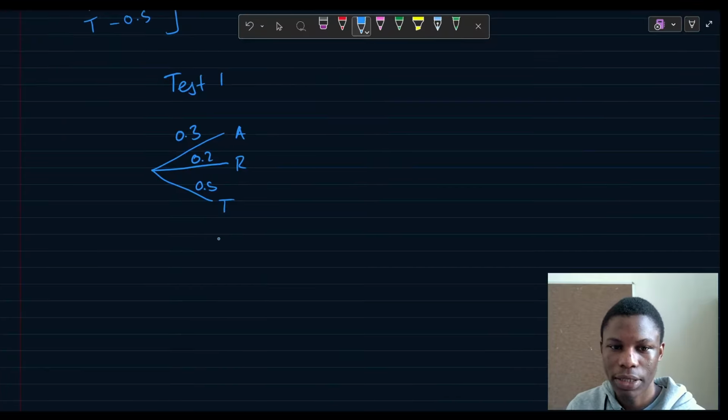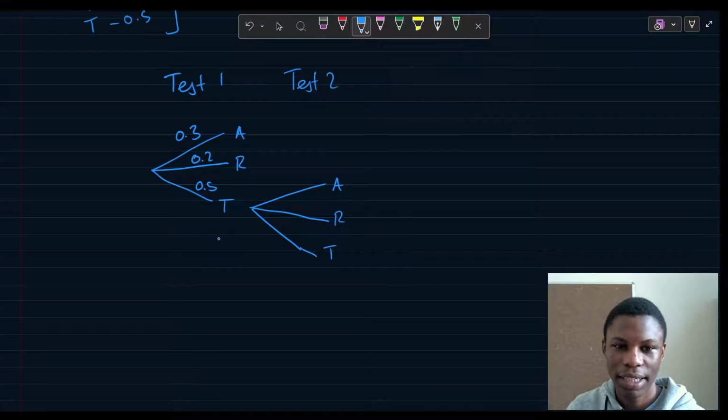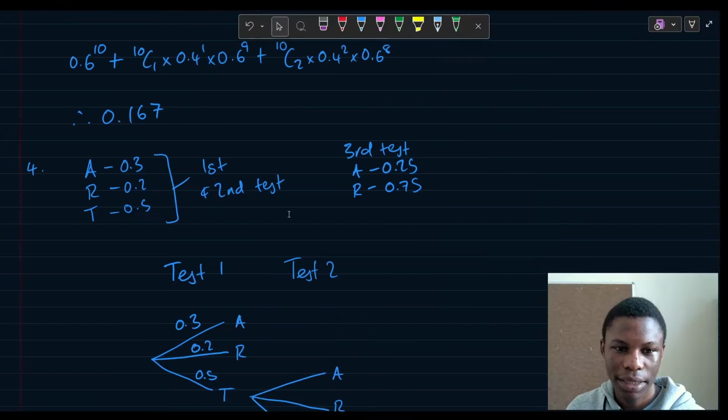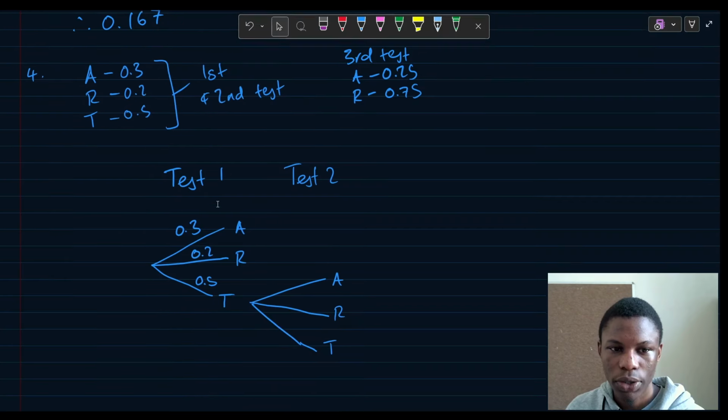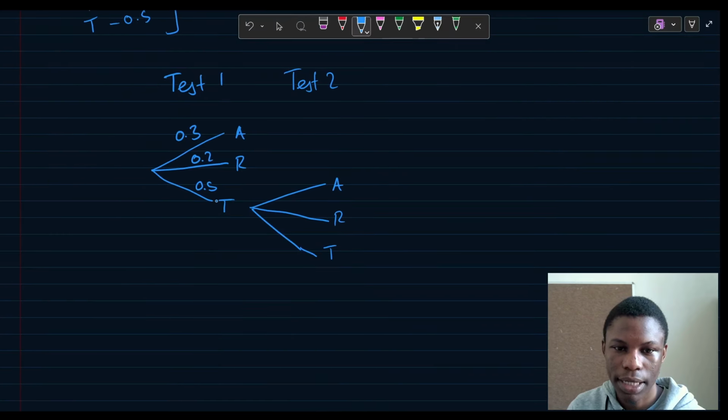If you're required to take another test, that's now test 2. You're either accepted, rejected, or you're required to take a third test. And we were told that the probabilities for the second test are the same as those for the first. So that is still 0.3, 0.2, and 0.5.